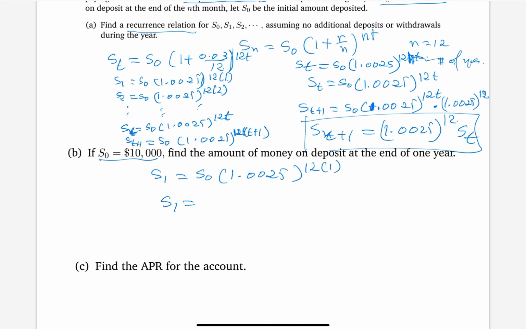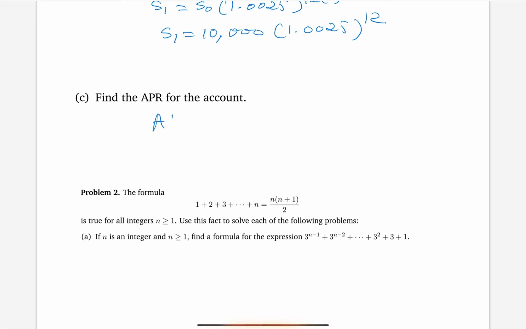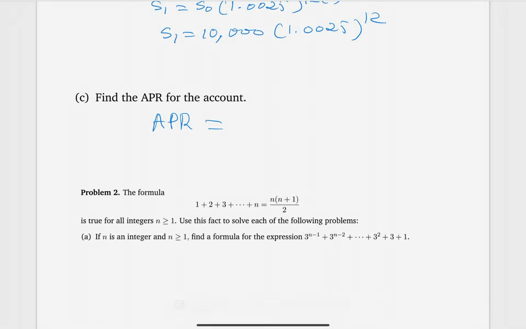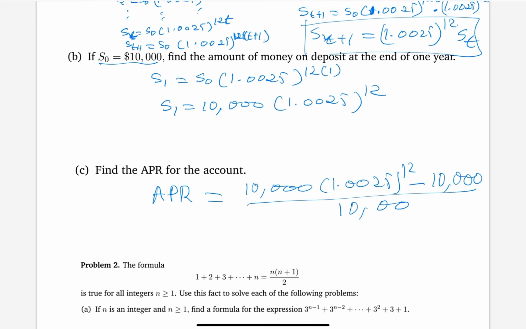So S1 is 10,000 times 1.0025 to the 12. Now the APR is this: you take 10,000 times 1.0025 to the 12, minus 10,000, and divide by 10,000. That's it.